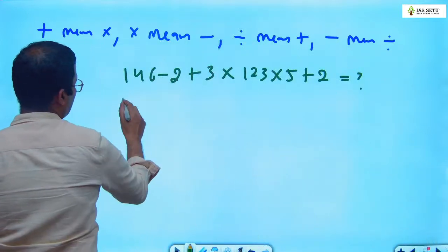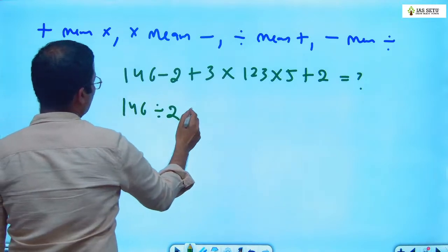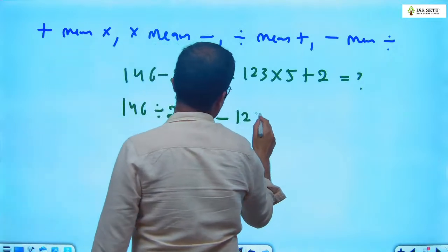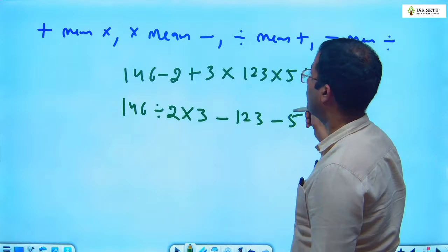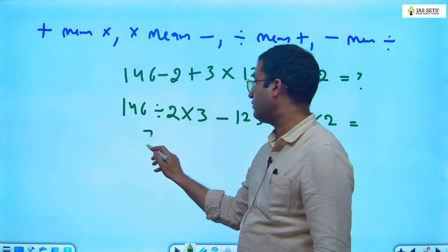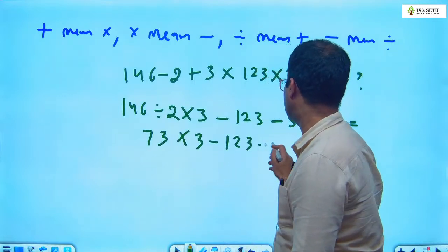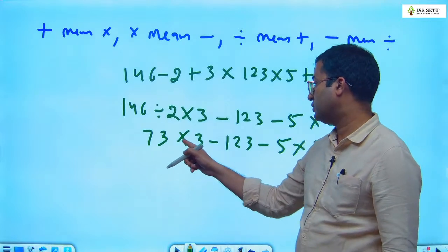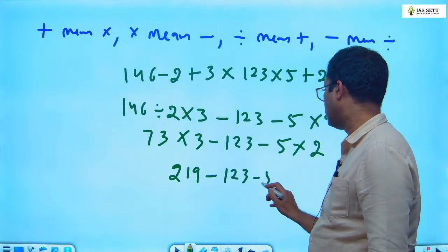If minus becomes division, 146 divided by 2, plus becomes multiplication, multiplication plus becomes... there are two multiplications plus 1.